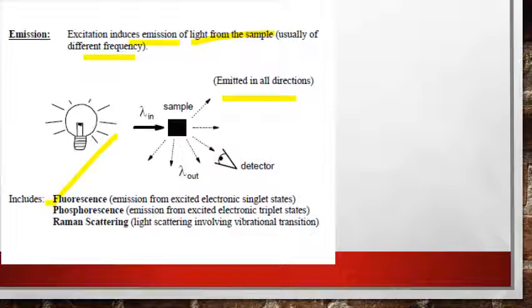The various excited states from which the electron comes to the ground state depend on that. So there is fluorescence emission, phosphorescence emission, and Raman scattering, which involves vibrational transitions. On the basis of the emission of the light, we can easily identify the sample.